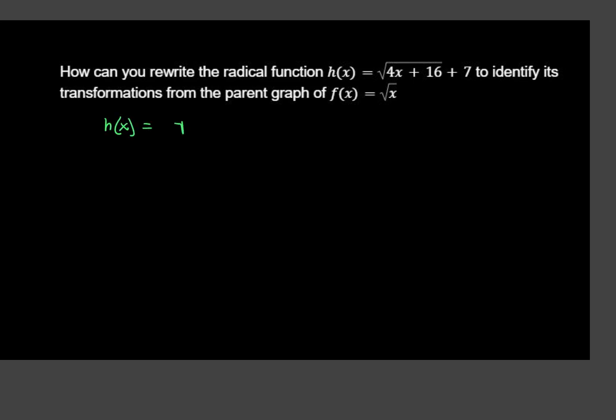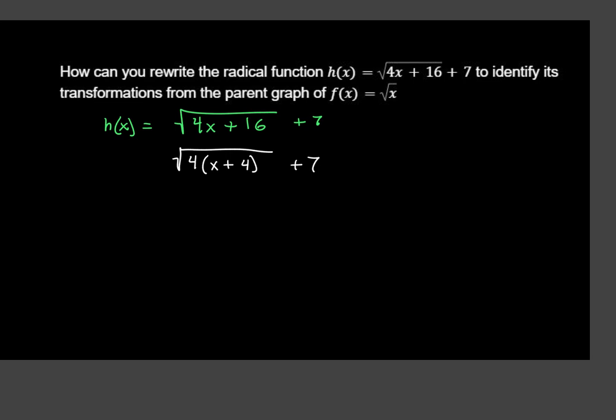If we have the square root of 4x plus 16 plus 7 on the outside, we're going to look for factoring out a number between the two terms here. If we do that, we can see that 4 goes into both of the terms. So we will factor out 4, giving us x plus 4, with the plus 7 on the outside.